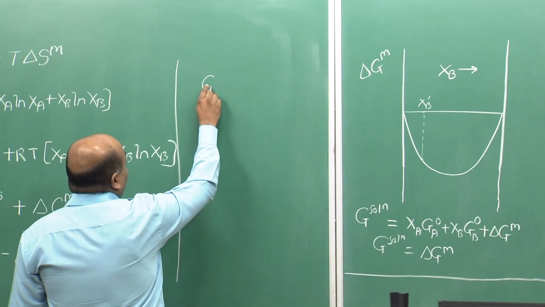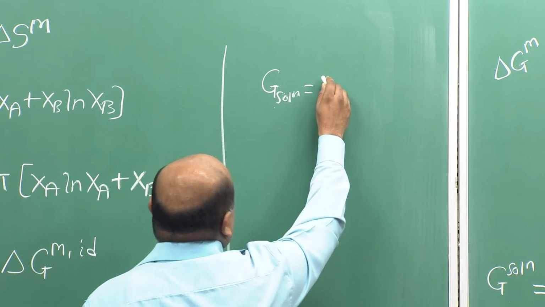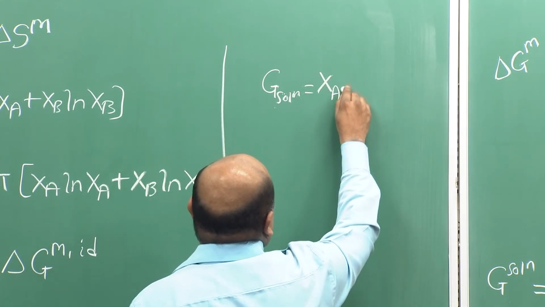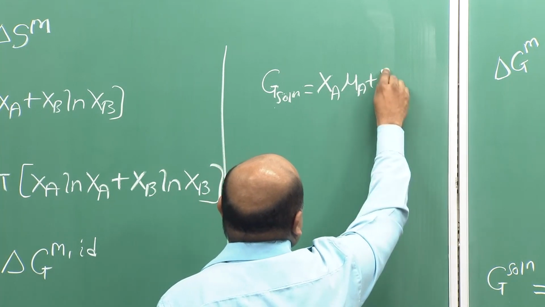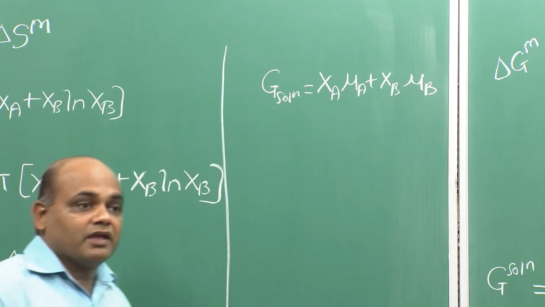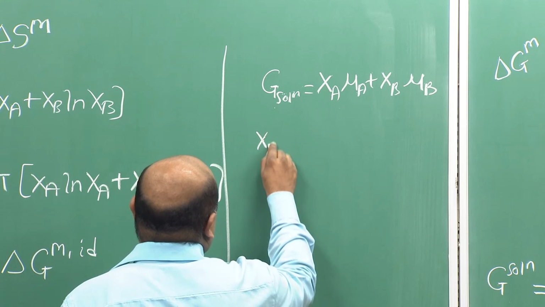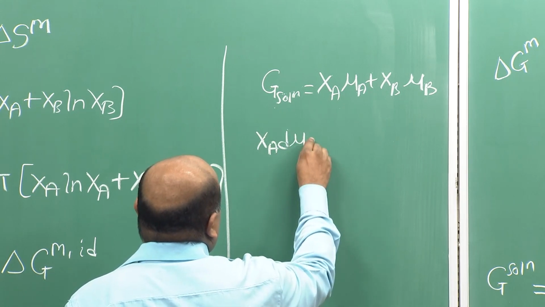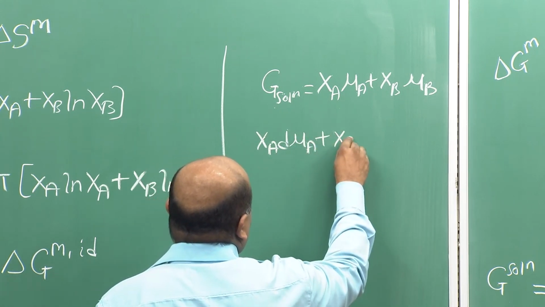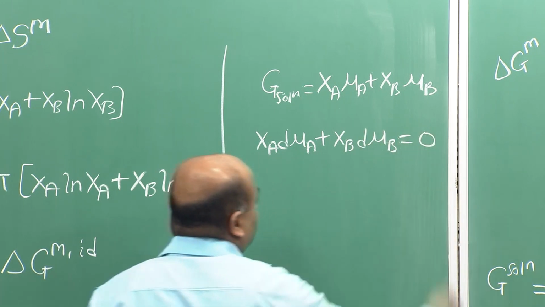So, the molar Gibbs free energy of the solution is then written as G solution is equal to X A mu A plus X B mu B, and from the Gibbs-Duhem equation we have X A d mu A plus X B d mu B equal to 0.